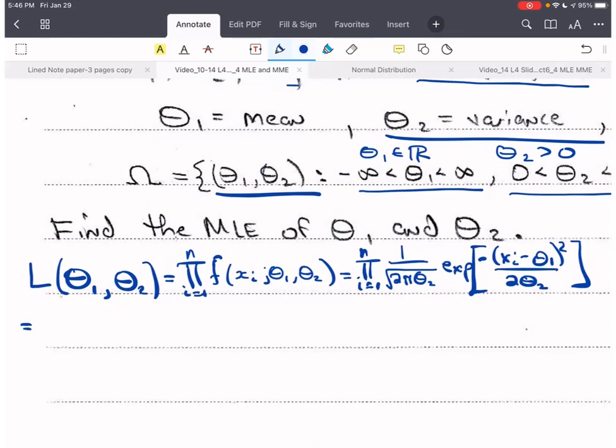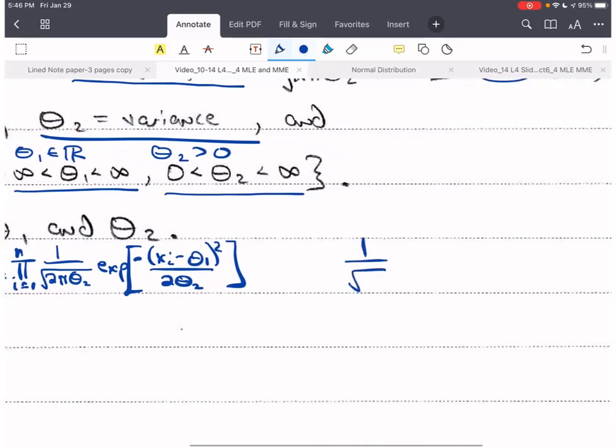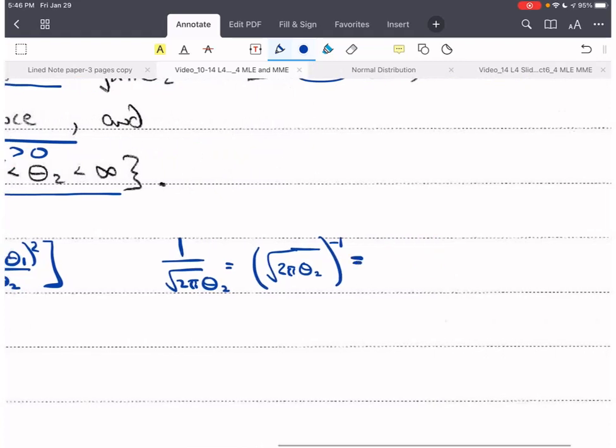I'm going to expand this so that we can see what it is. But before I do that, I want to point out that 1 over square root of 2 pi theta 2 is equal to square root of 2 pi theta 2 to the negative 1, which is equal to 2 pi theta 2 to the 1/2 raised to the negative 1.